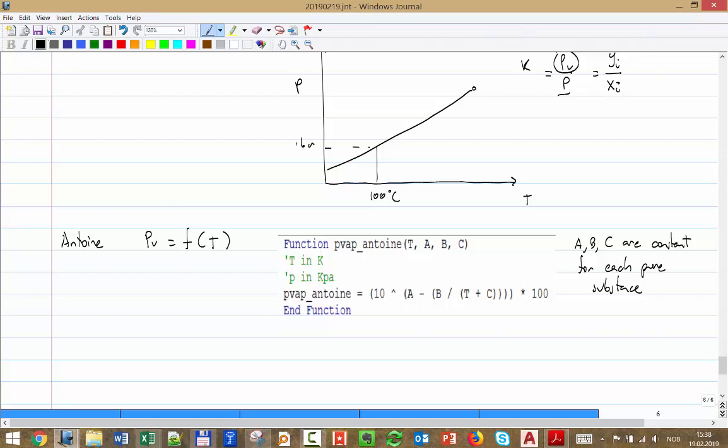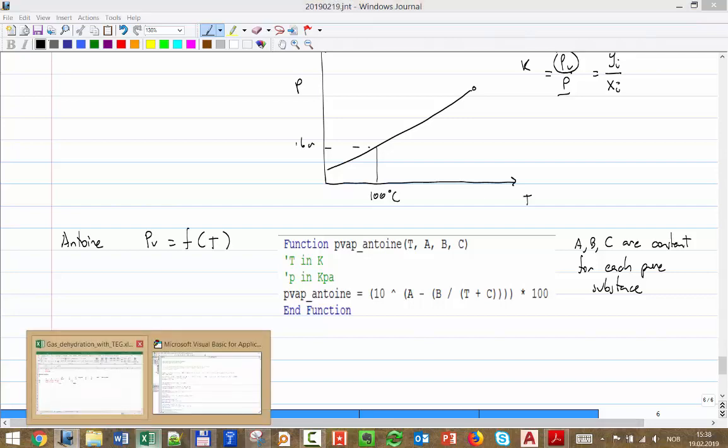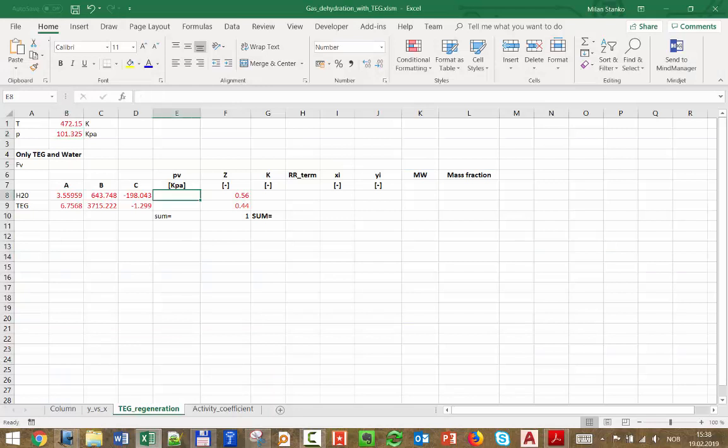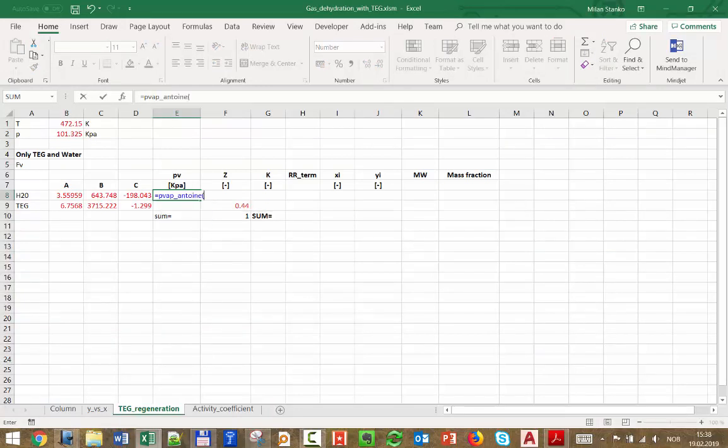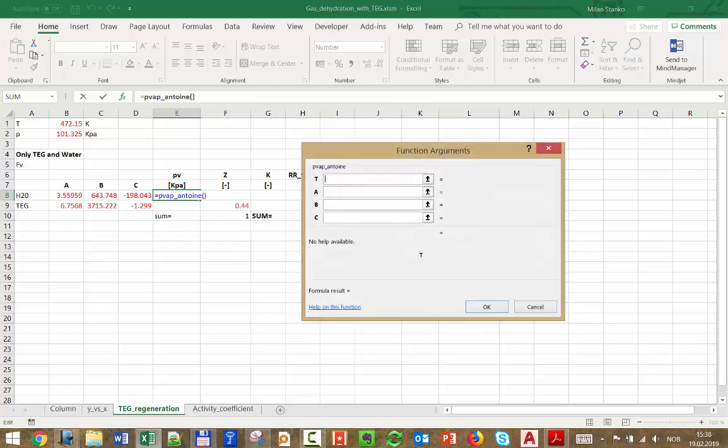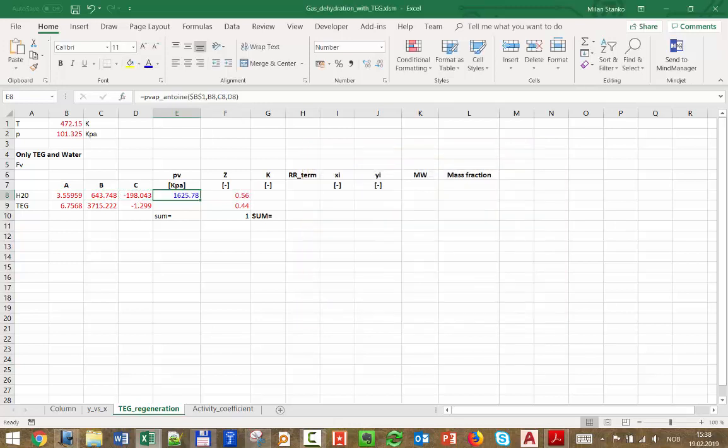We can run Rachford-Rice, just like what we have done before. So let's do that for our exercise. PV is PV Antoine. That requires the temperature. We have to check the units. I think it's in Kelvin. Here I'm calculating for water, A, B, and C. Then I drag it down.